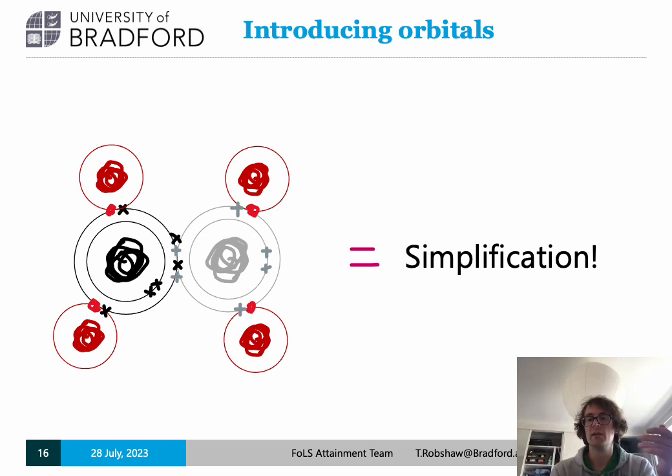So to understand bonding at a higher level, a university level, we need to introduce the concept of electron orbitals. What does this mean? Well, you can think of an electron orbital as the path that an electron takes around the nucleus of its atom, the atom that it belongs to, in three-dimensional space.